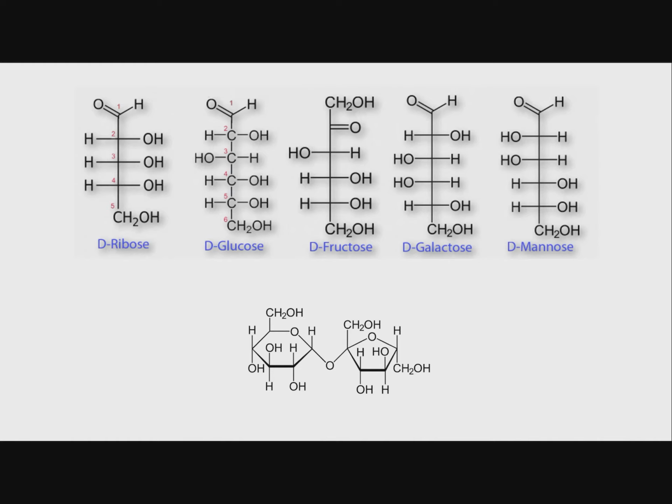We'll go into some of the naming and the Ds that you see there in a minute. We'll talk about the numbering also. So monosaccharides on top and a disaccharide. This example that I've shown for you here is sucrose, which is made up of a D-glucose and a D-fructose. So these two combine together and make disaccharides.